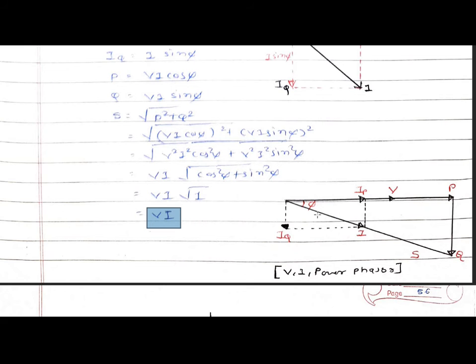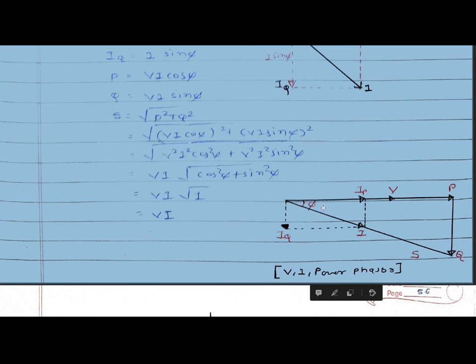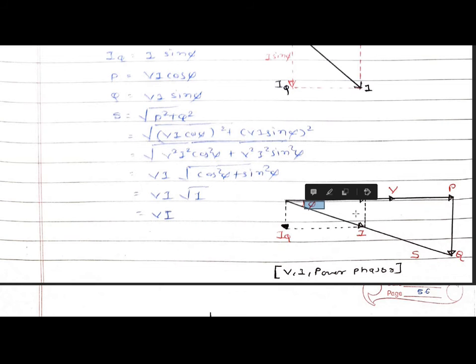Now this is the simple phasor diagram for the system. This is the actual current I, this is the active component of the current, this is the reactive component of the current, and this is the power factor angle phi.